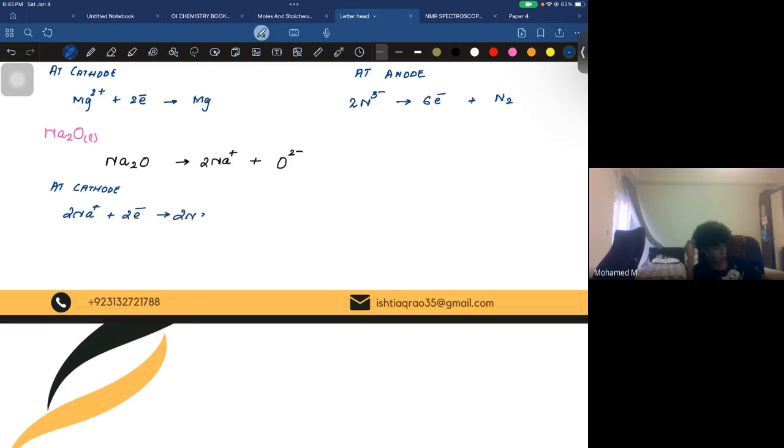O2 minus would lose 2 electrons to form O2. Because this is diatomic, if one oxygen loses 2 electrons, to balance the equation I need to write 2 there. Then 2 oxygen would be losing 4 electrons. Yes, that's correct.